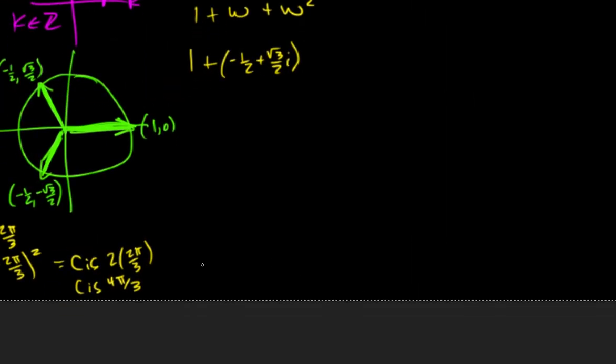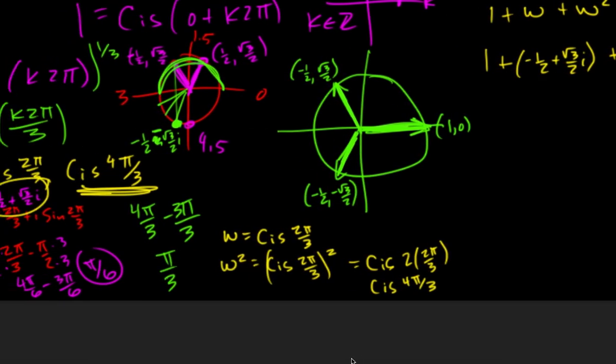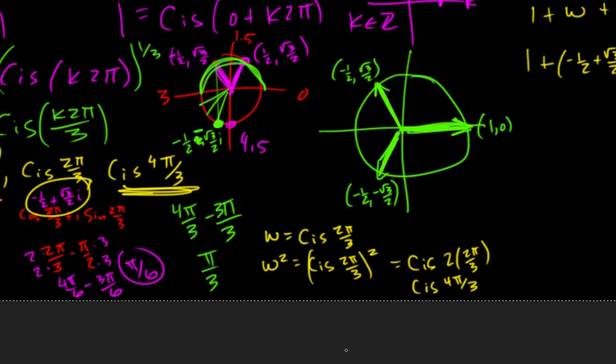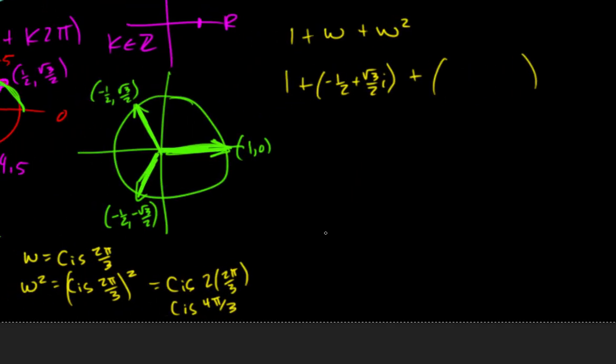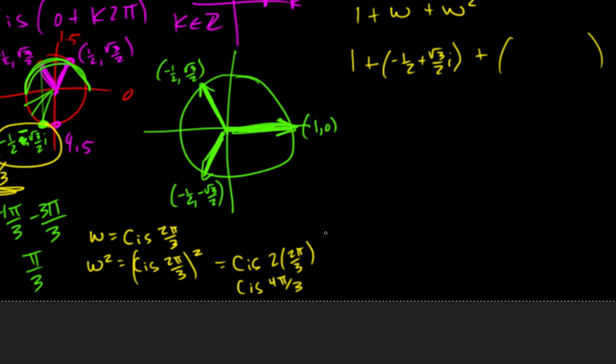And then W squared is just the answer for the last one, which was right here. -1/2 minus square root of 3/2 i.